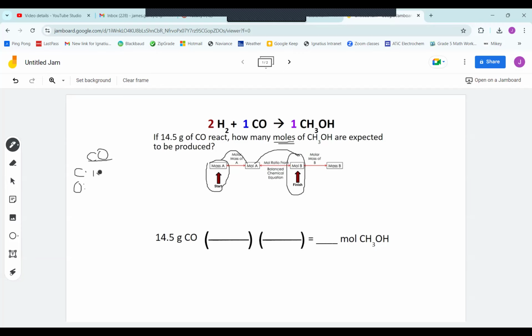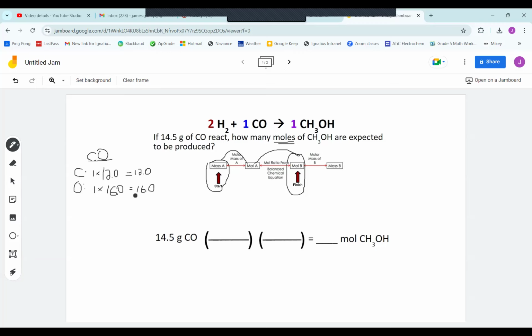Within the formula CO, there's only 1 carbon atom. And carbon's atomic weight, if you round it to the 10th place, is 12.0. So if I take 1 times 12.0, I'd get 12.0. Oxygen's atomic weight, if you look it up and round it to the 10th place, you'd get 16.0.